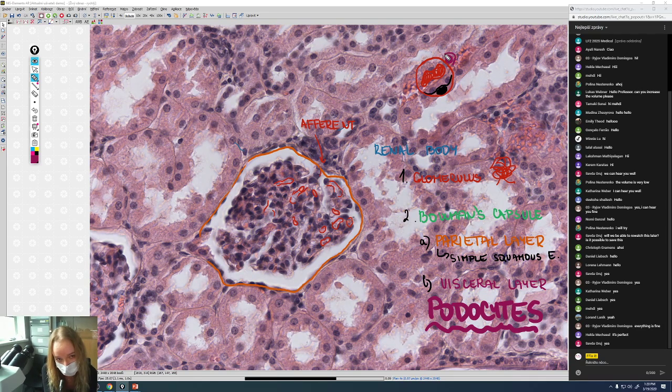They're sitting on the capillaries and they're like hugging the capillary. Yeah, this is my capillary and I'm sitting on it and I'm a podocyte. And they're creating a structure that is called the filtration membrane.